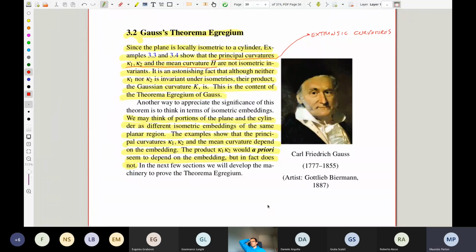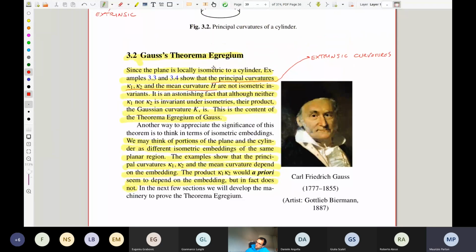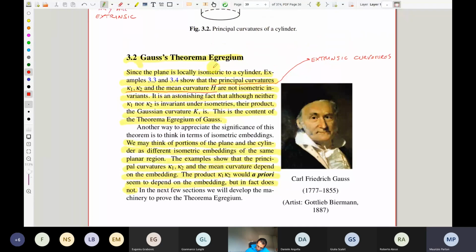Okay, we already have seen everything here, and I just stress the word astonishing fact. I repeat, we define the Gaussian curvature as K1 times K2.